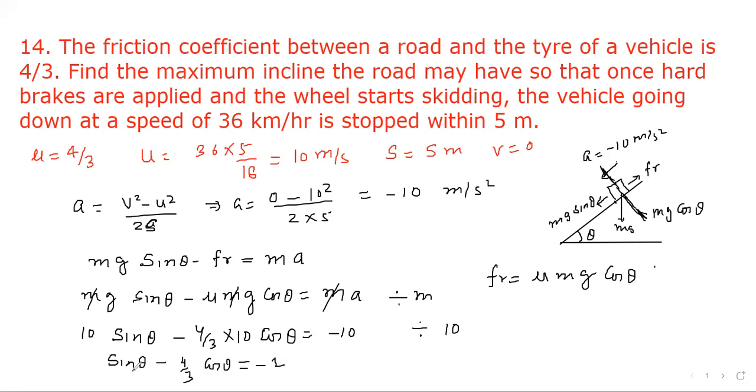We multiply each term by 3, and then we take minus 3 to LHS. So we will get the equation 3 sine theta minus 4 cos theta plus 3 equal to 0. Now we have to solve this equation, and then we will get the value of theta.